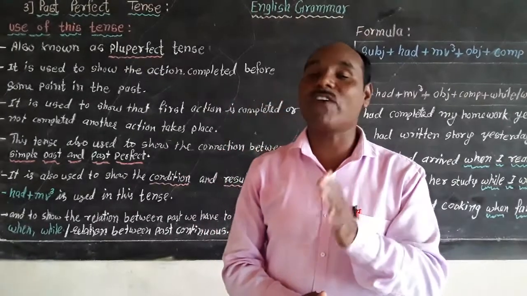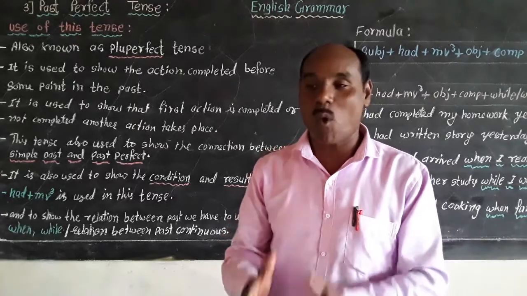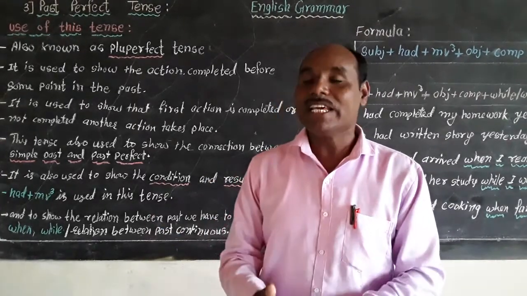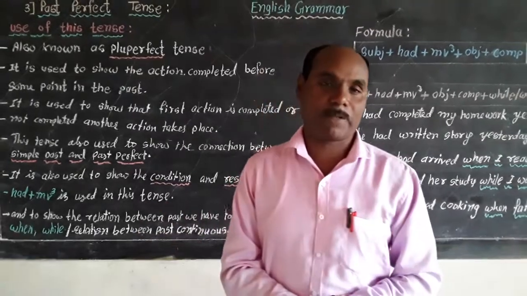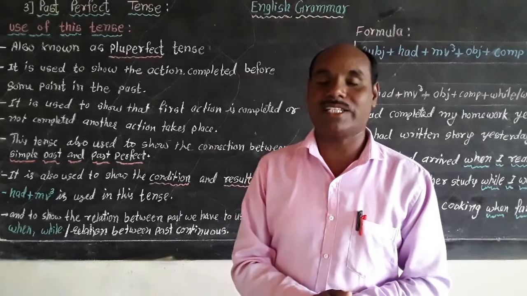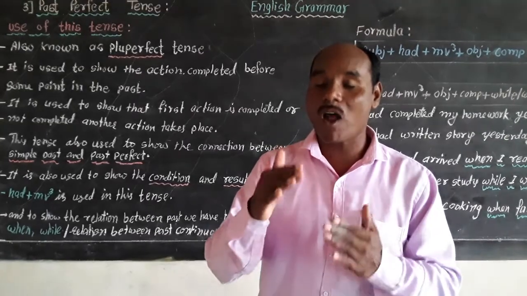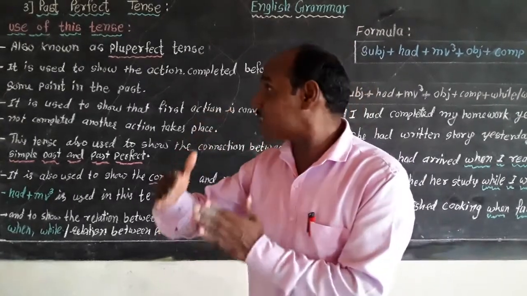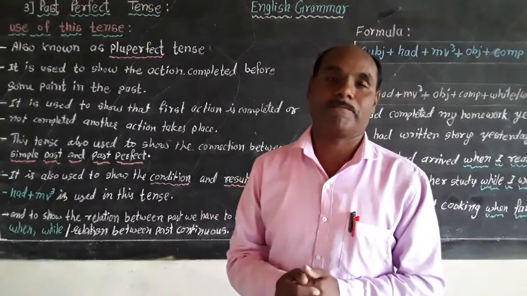For what purpose is the past perfect tense used? The past perfect tense is used to show that an action was started somewhere in the past and it was completed after a few moments in the past. The main purpose is to understand when to use the past perfect tense while speaking.